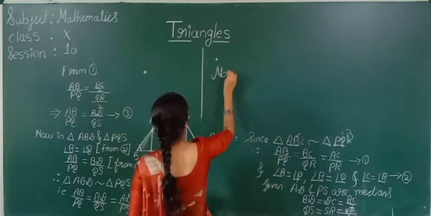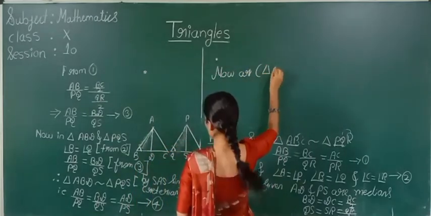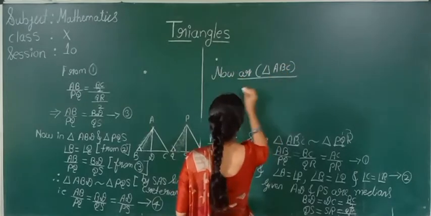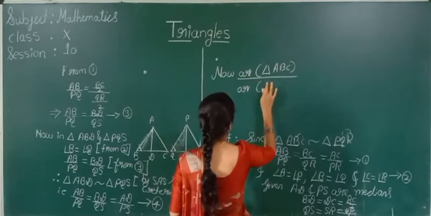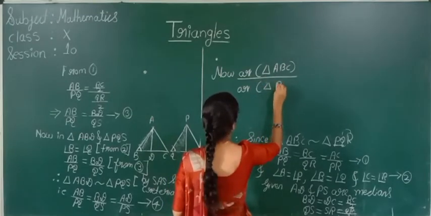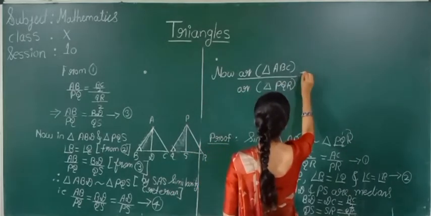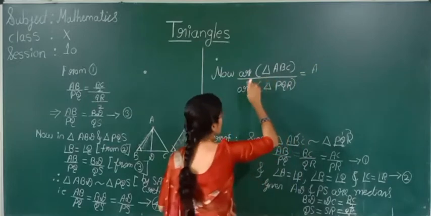Now area of triangle ABC by area of triangle PQR is equal to... We know that, right?